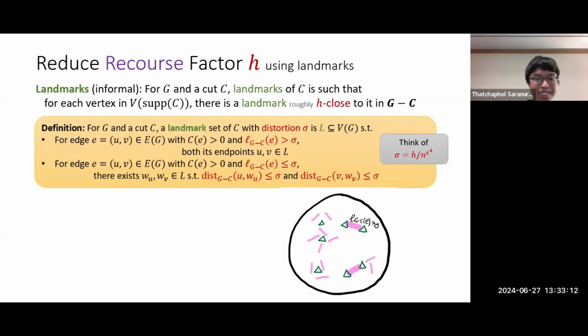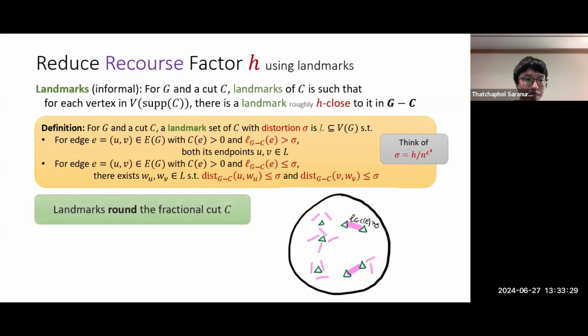Look at the graph. The triangles are the landmarks and the pink are the cut edges. For every endpoint of the cut edges, we have a landmark close to it. An intuitive way to think of this landmark set is that it is some kind of rounding of this fractional moving cut C.